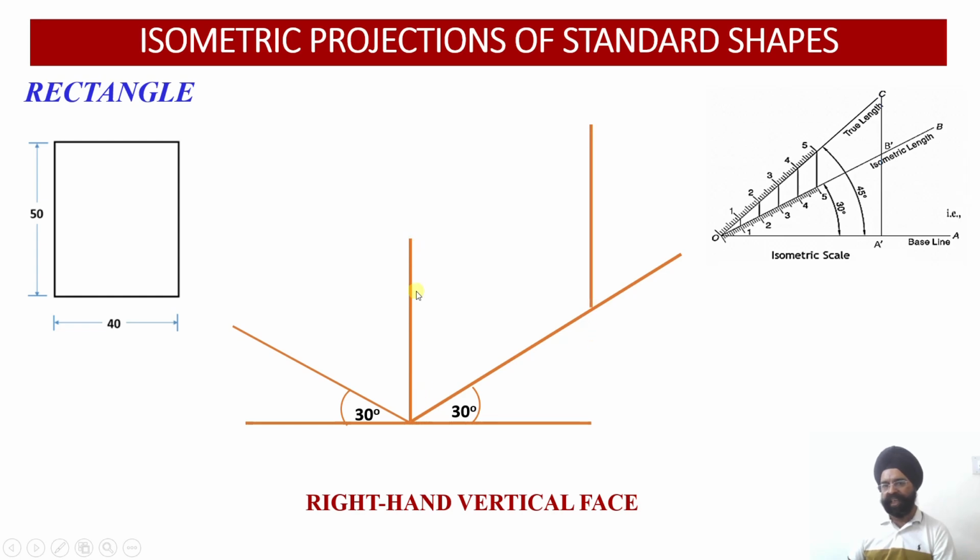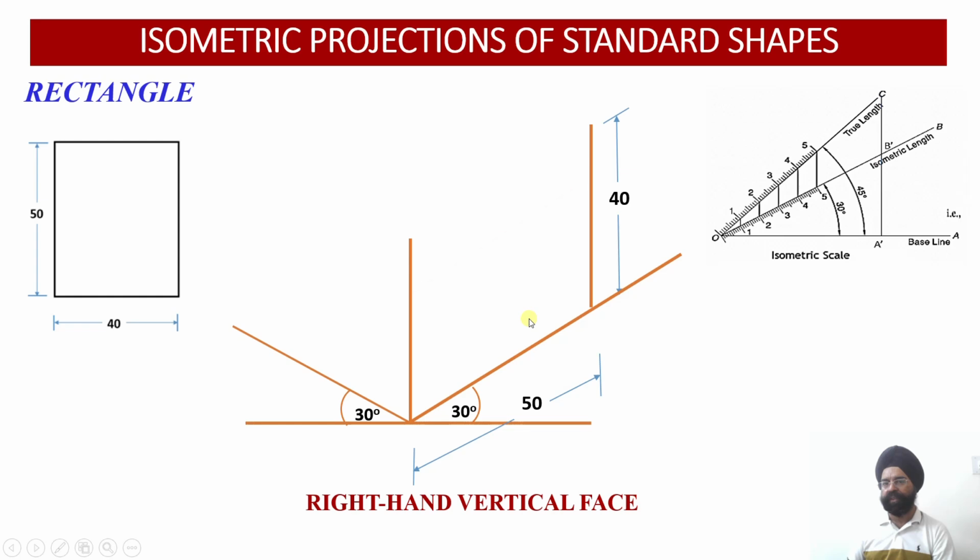The height is equal to 40 millimeter, and the length of this rectangular face is equal to 50 millimeter. So this edge of the rectangular lamina, or the surface, is going to rest on the z-axis, whereas the height will be drawn on the y-axis. So the y-axis has 40 millimeter and the z-axis 50 millimeter.